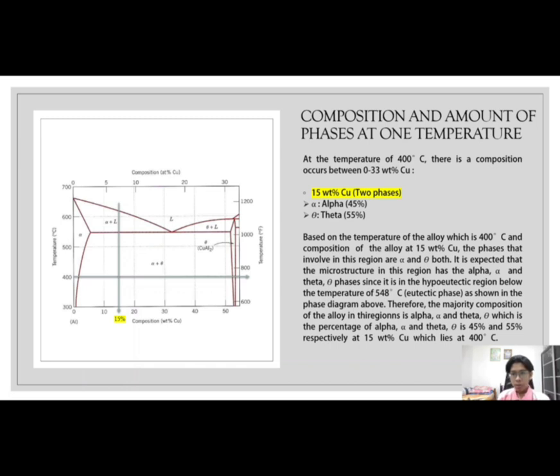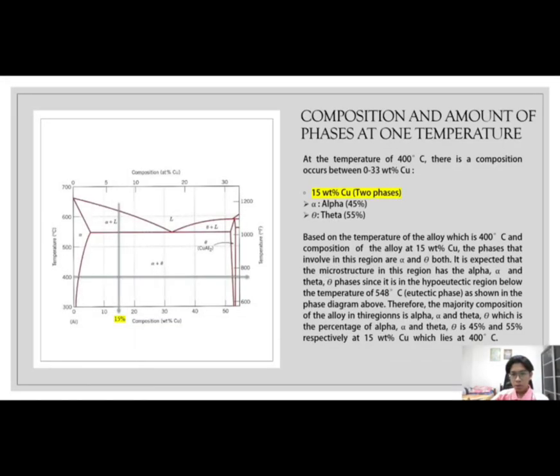Based on the temperature of the alloy, which is 400 degrees Celsius, and composition of the alloy at 15 weight percent copper, we can see the alpha is 45% while the theta is 55%, where we can get this from the formula of the phase fraction.